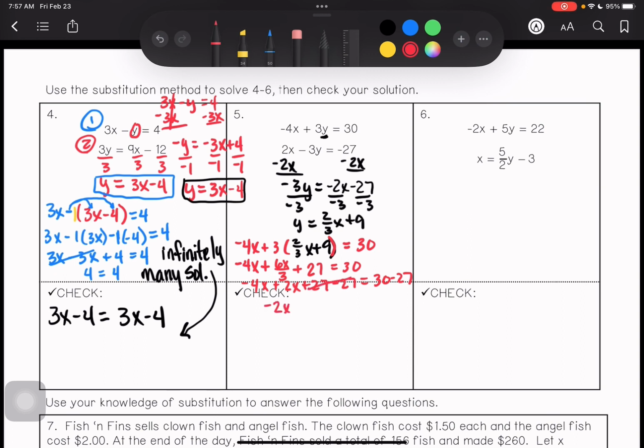This cancels, it equals 3. Divide both sides by negative 2. x equals negative 3/2.